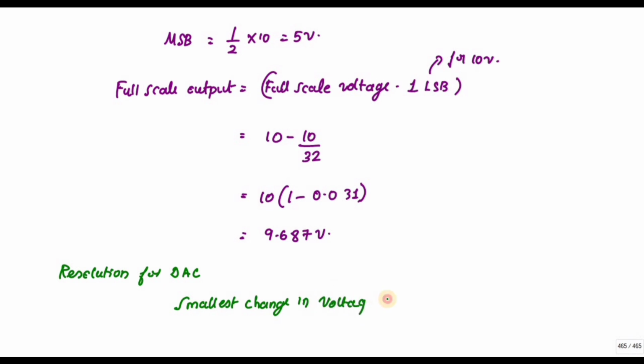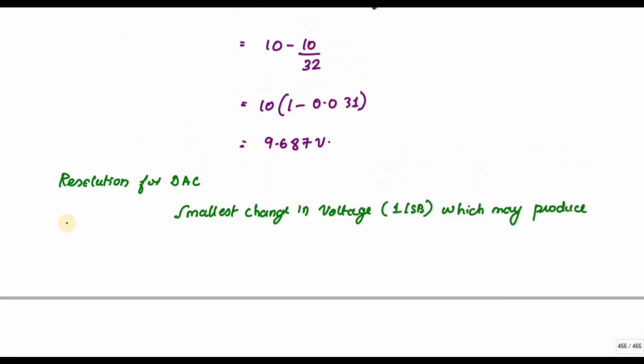Since it is for DAC, the smallest change in the voltage, that is 1 LSB, which may be produced at the output of the converter.